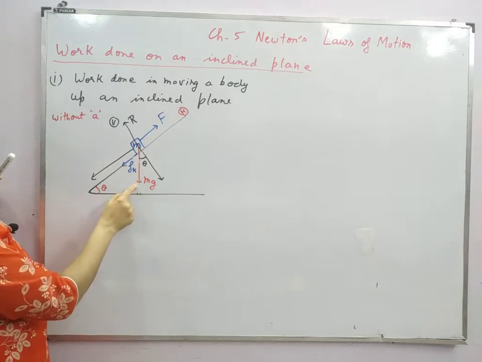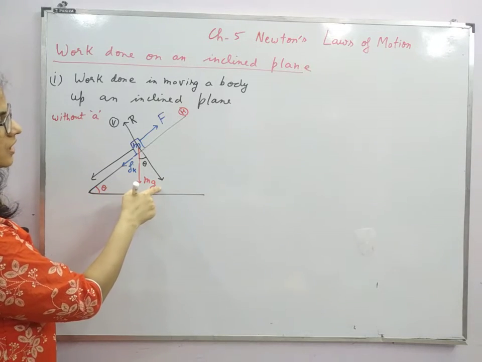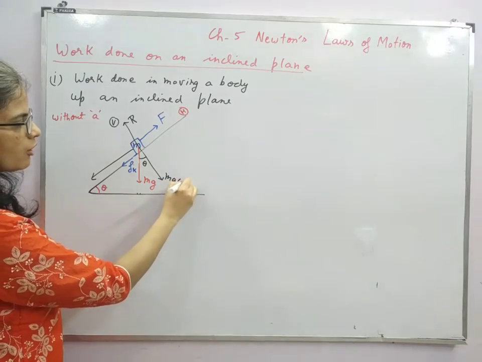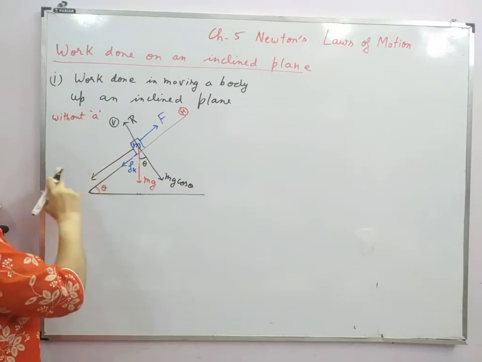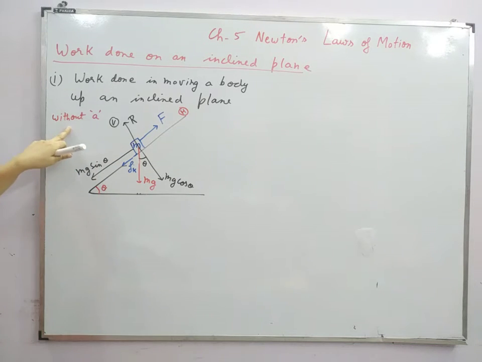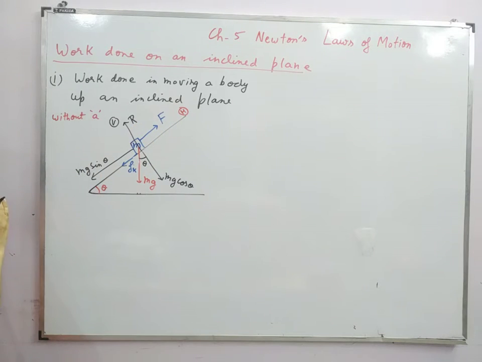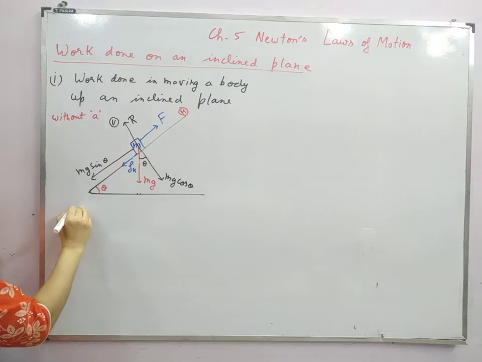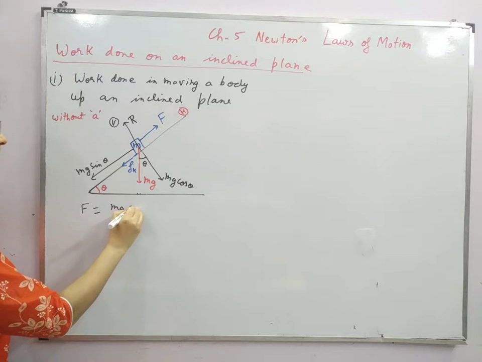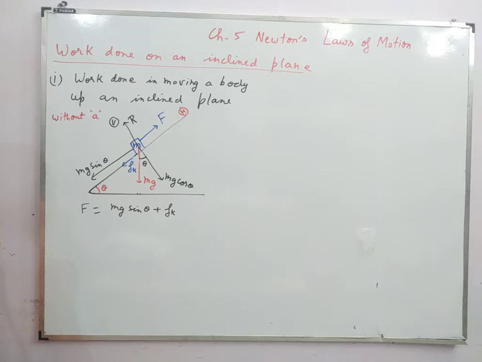So mg has the cos theta component along the theta angle, and the perpendicular component will be mg sine theta. Let's consider the condition that the forces on this side will be equal to the forces on this side. So I can say that F is equal to mg sine theta plus friction force, right?